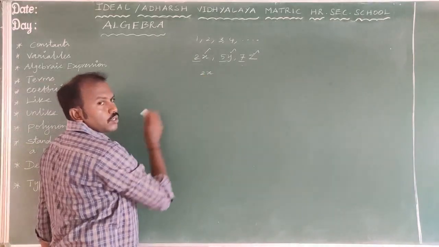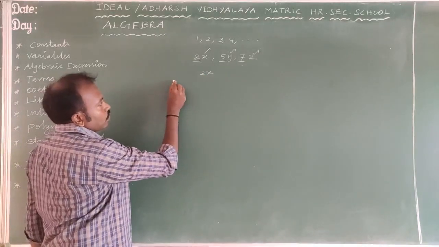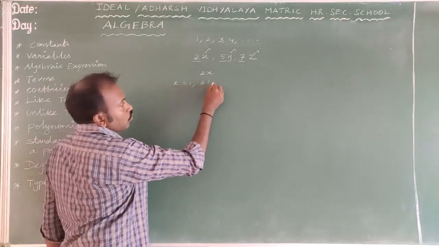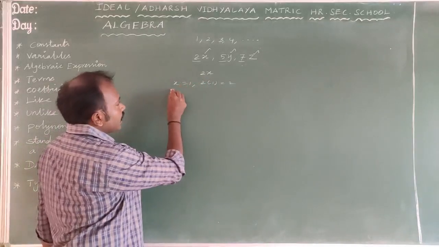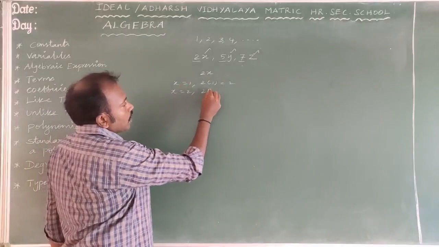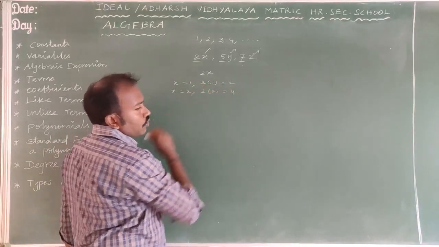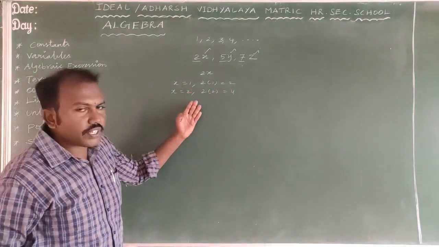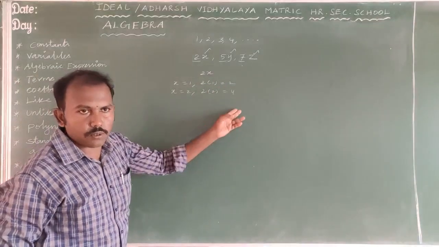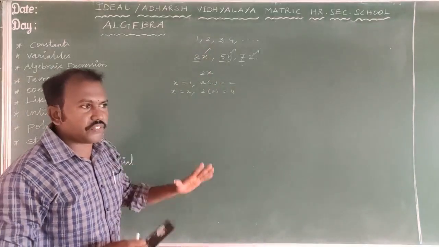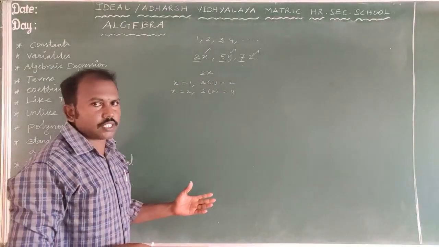Consider the 2x. Put x is equal to 1, then 2 into 1 is equal to 2. Then put x is equal to 2, then 2 into 2 is equal to 4. So variables' values differ but constants are fixed, not for change.